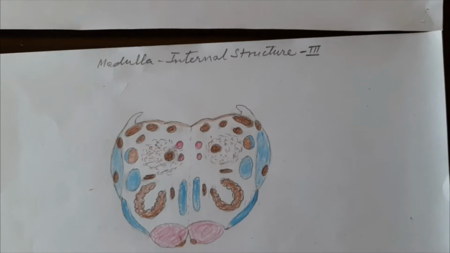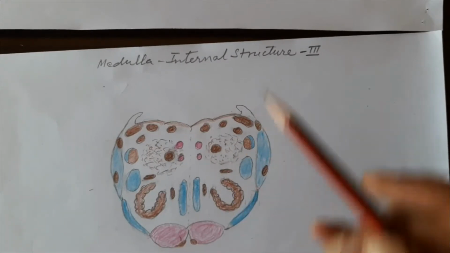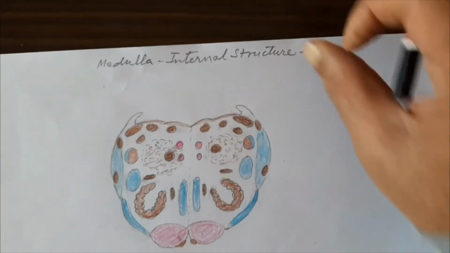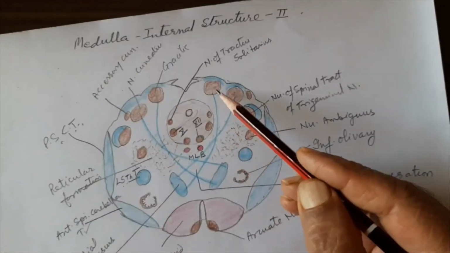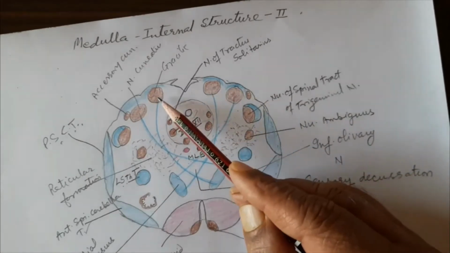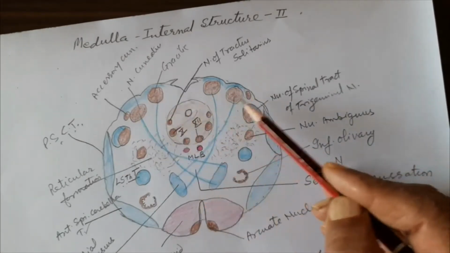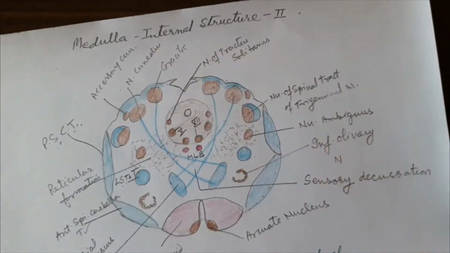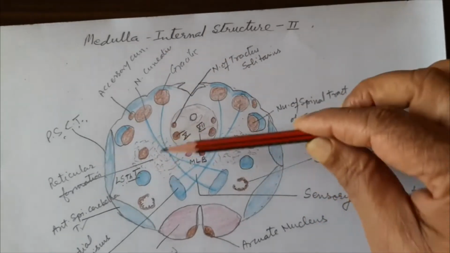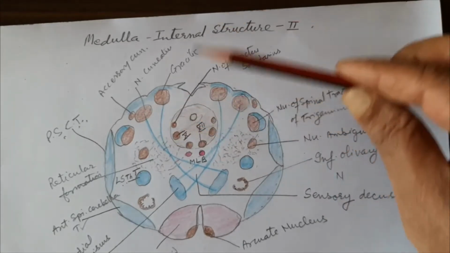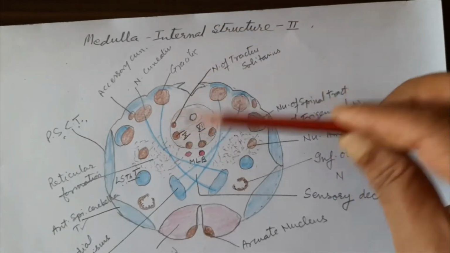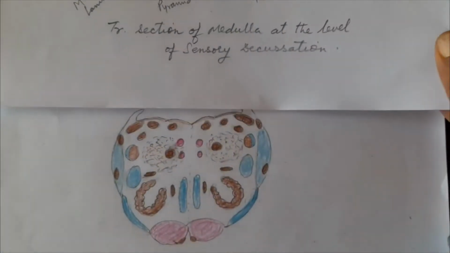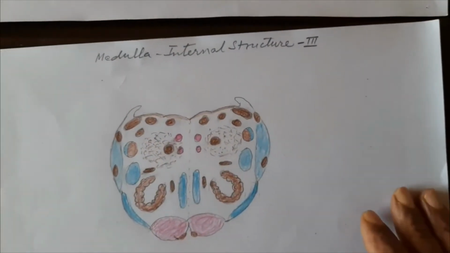Another very striking change is that no gracile and cuneate nuclei are seen on either side, because of the disappearance of the gracile and cuneate nuclei and the shifting of the central canal to form the floor of the fourth ventricle. This is quite different from the previous section.